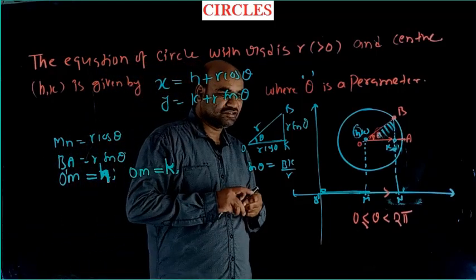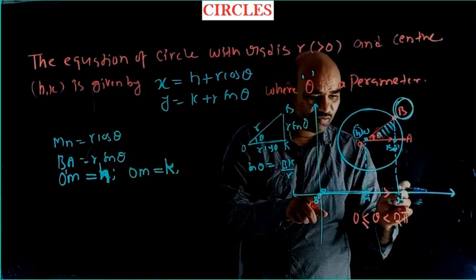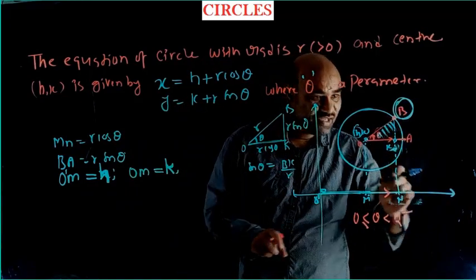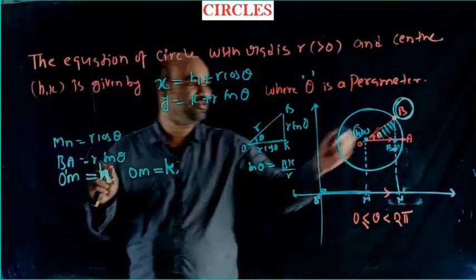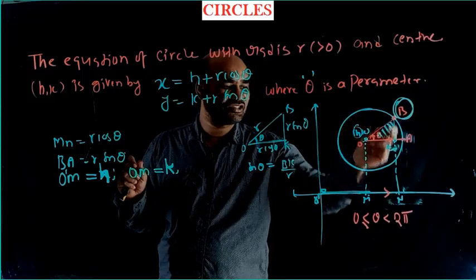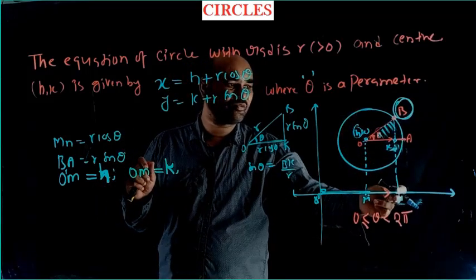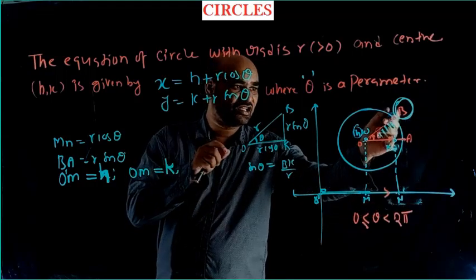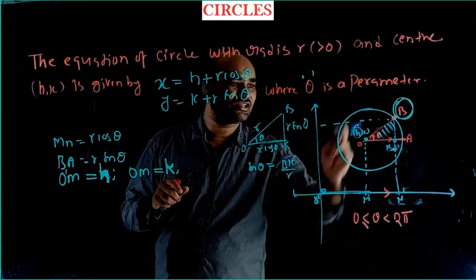Observe here. I want coordinates of B. Coordinates of B means I want ON and BN length. So coordinates of B, this point is how many units from y-axis, and this point is how many units from x-axis. This point is BM units from x-axis, and this length nothing but O dash N units from y-axis.